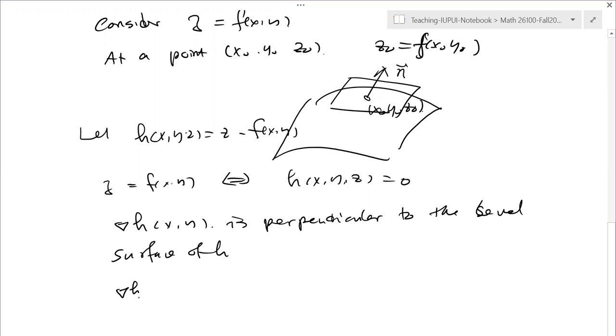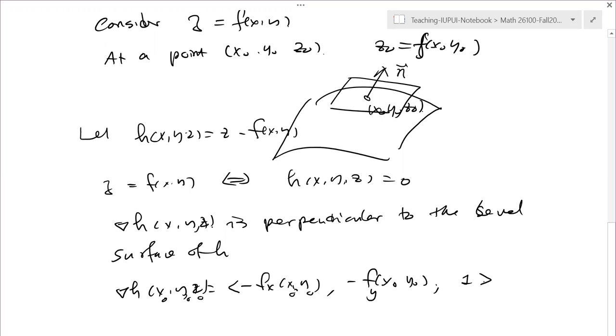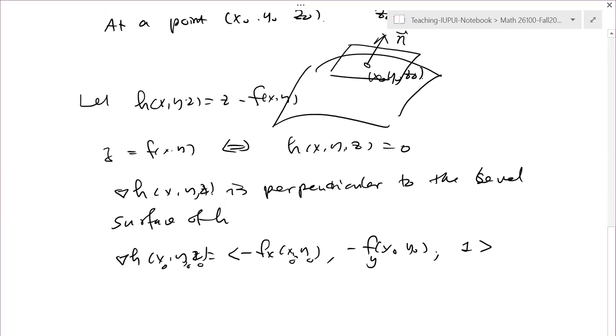And if we compute it, there are 3 components here. It is going to be negative f_x, negative f_y, and 1. When you differentiate h with respect to z, you get 1. So you get a vector perpendicular to the level surface, which is the graph of the function.